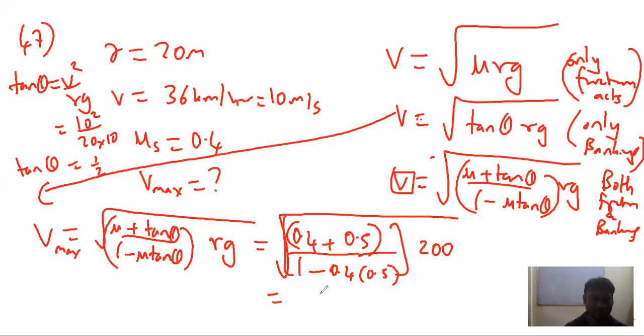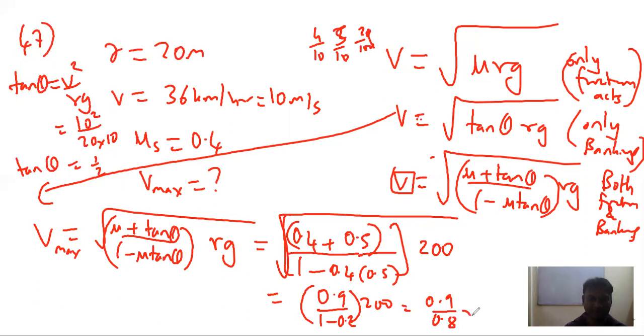So from this we can get the value. So we have to substitute the values. 0.9 upon 1 minus 0.4 into 0.5. 4 by 10 into 5 by 10, 20 by 100, which comes out to be 0.2. 1 minus 0.2. So 0.9 upon 0.8 into 200.